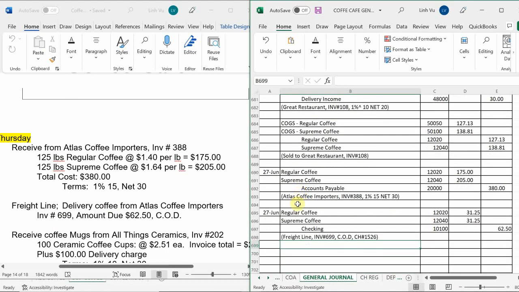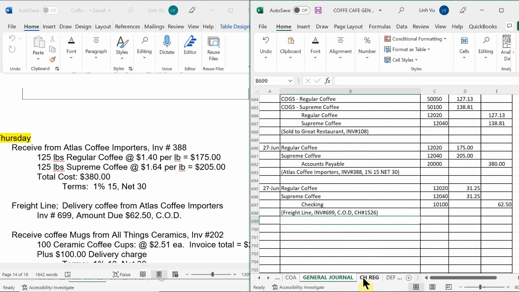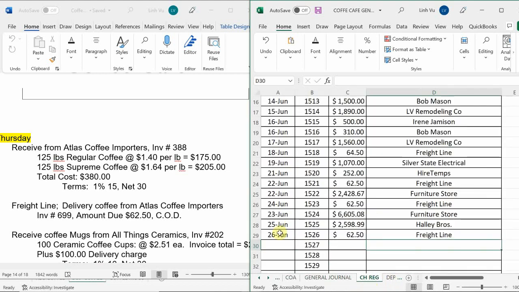All right. So check register. Okay. So we cut check number 1527.